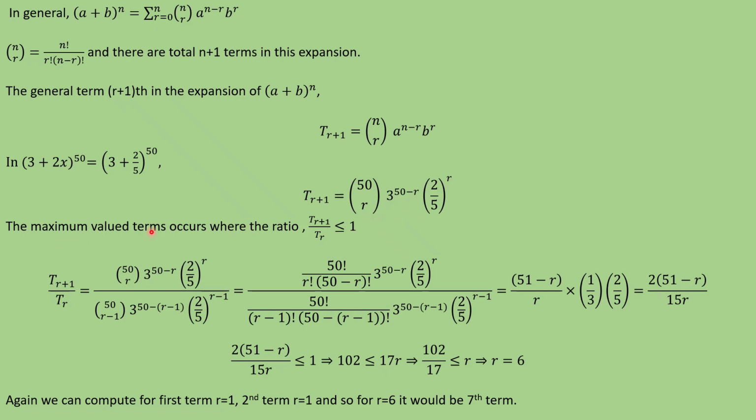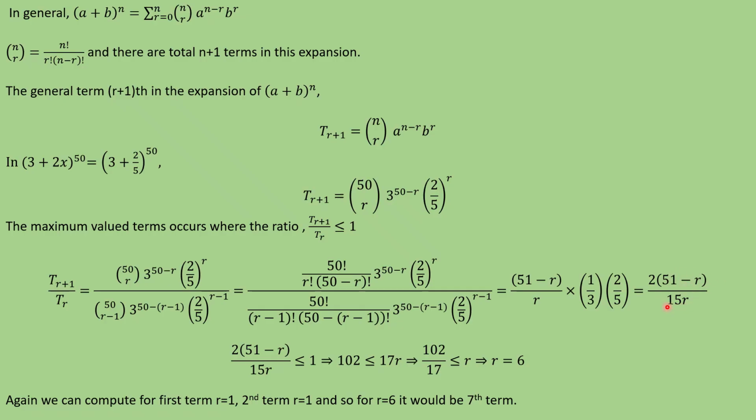Again, the maximum value term occurs when the ratio t r plus 1 by t r is less than or equal to 1. Okay, so by putting the values here, we can get the final expression, that is 2 into 51 minus r whole divided by 15r.